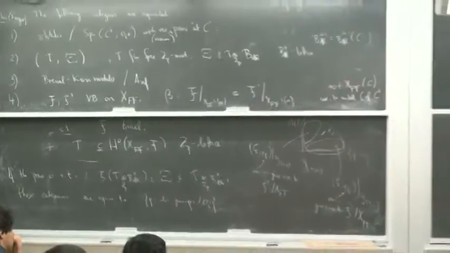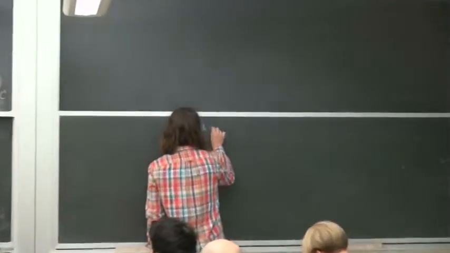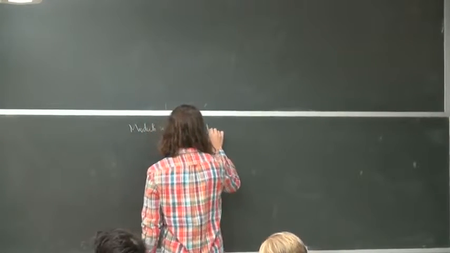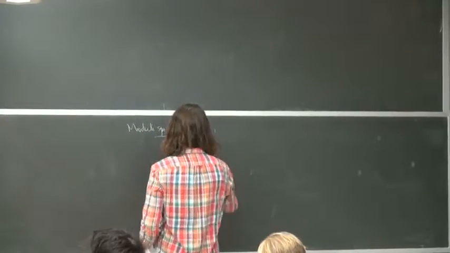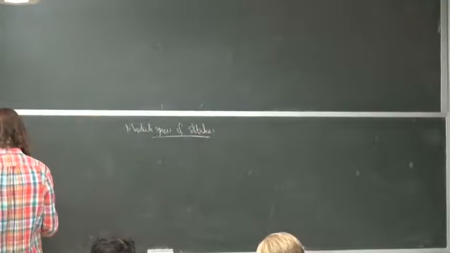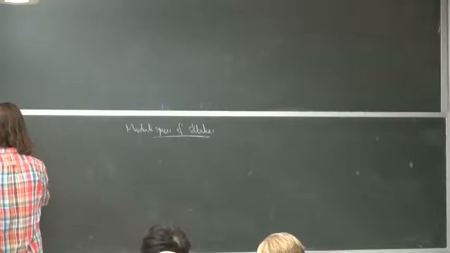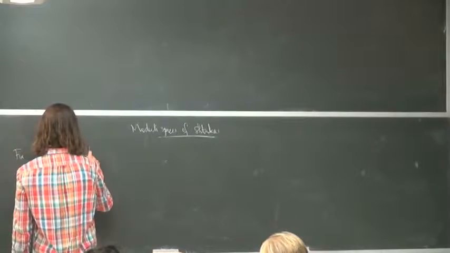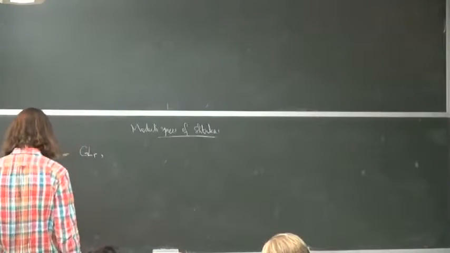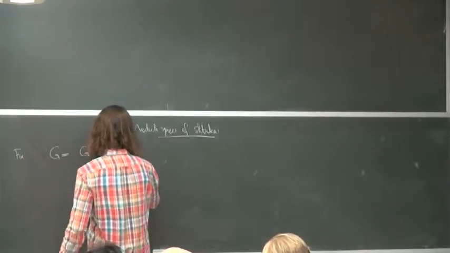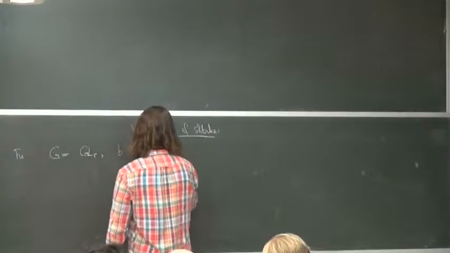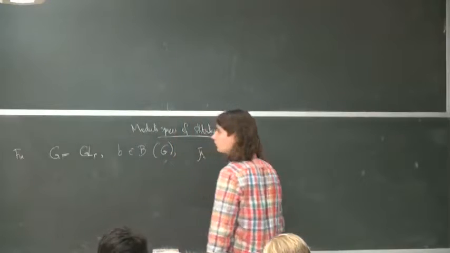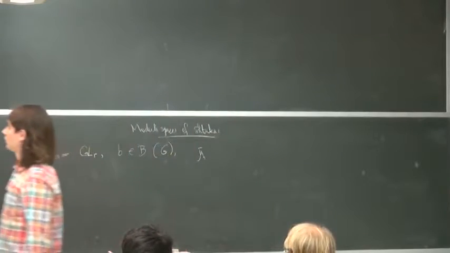So back to moduli spaces of Stukas. So fix the group is just GL_r as before. I fix a sigma conjugacy class b in B(G), and so this psi is the usual psi from B neuron plus.